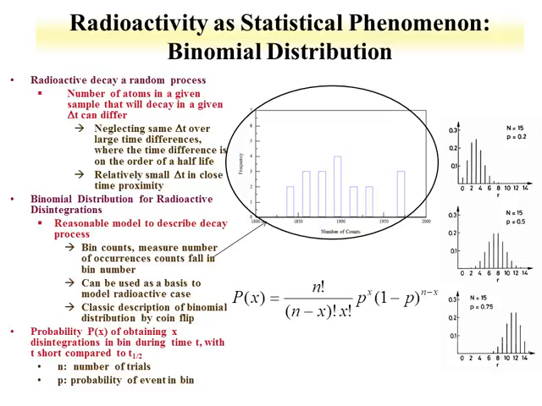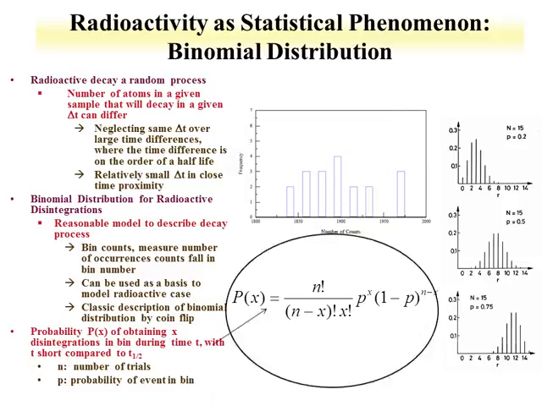Binomial distribution, the classic description, is with a coin flip. So if we have some probability, which we're going to call p_x, of obtaining so many disintegrations in a bin during time t, as long as t is short compared to the half-life, that's just going to vary based upon the number of trials and the probability of the event in that bin.